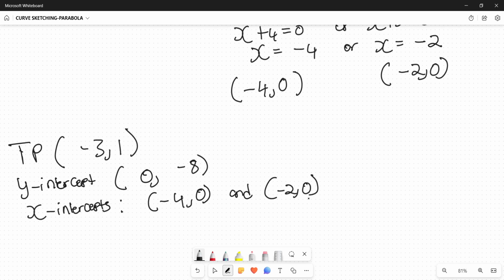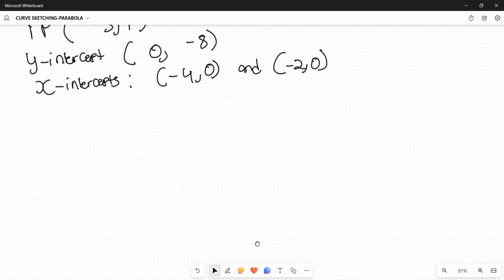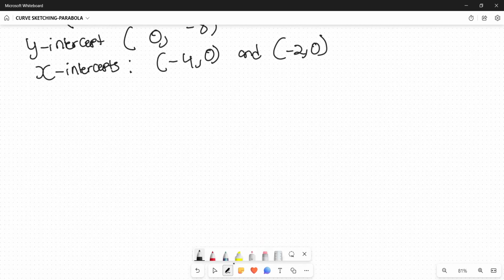So now because we have already determined the turning point, y-intercept and x-intercepts, now we can plot these points so that we can sketch our function or our curve. So now we will plot these points on our graph and connect them smoothly to sketch the curve.